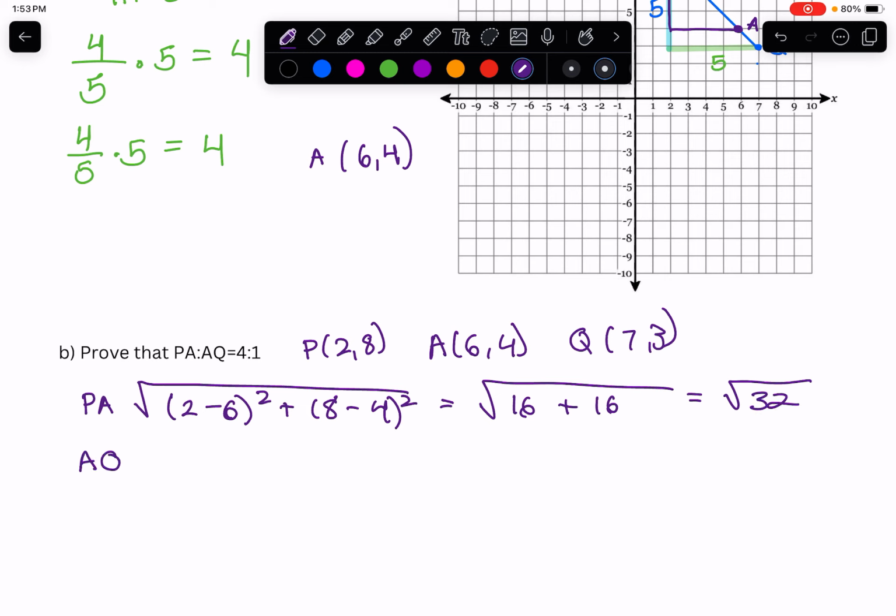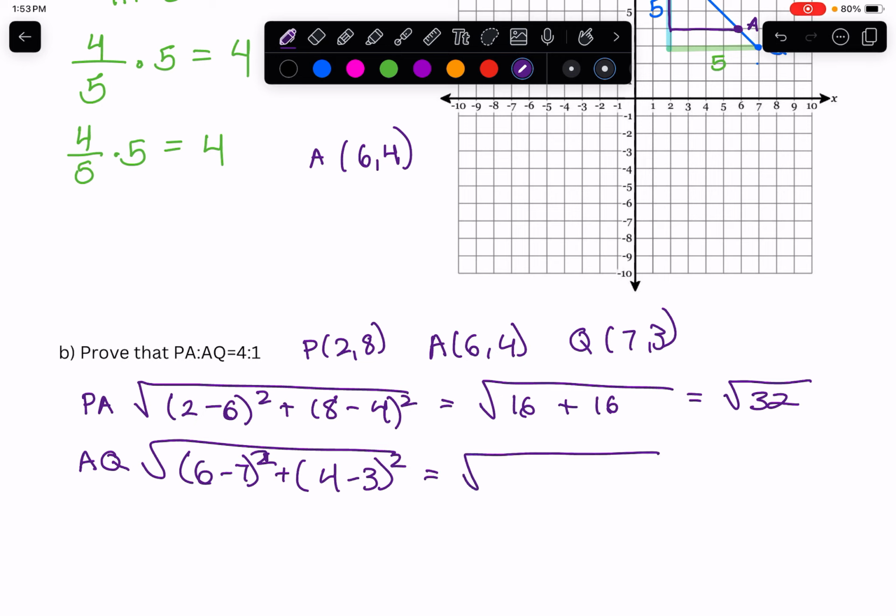And then AQ, 6 minus 7 squared plus 4 minus 3 squared. So that's going to be 1 plus 1, which is the square root of 2.